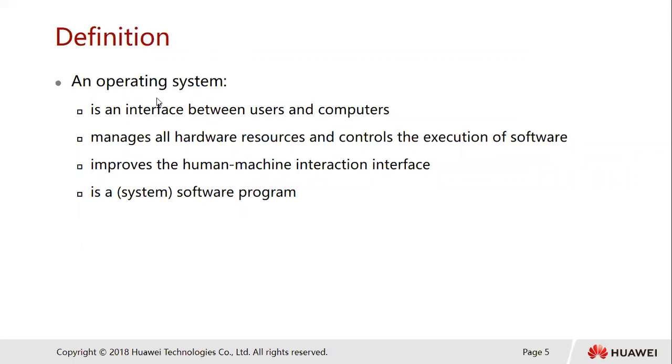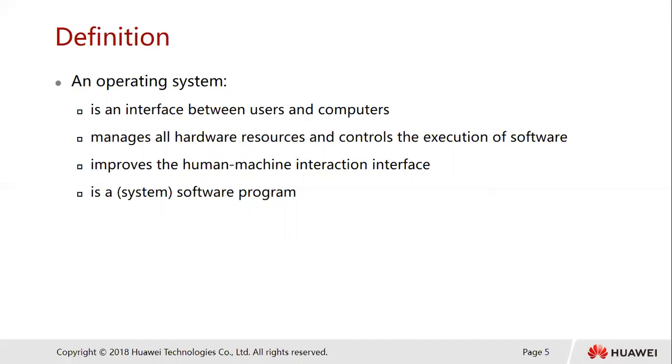Definition. An operating system is an interface between users and computers. The way it was a long time ago was that computers were very big. They could occupy the whole of this room, and the users were not seeing what they were doing. The programs were programmed on punch cards. They would program it on a punch card, put it in the machine, and then receive the printout.